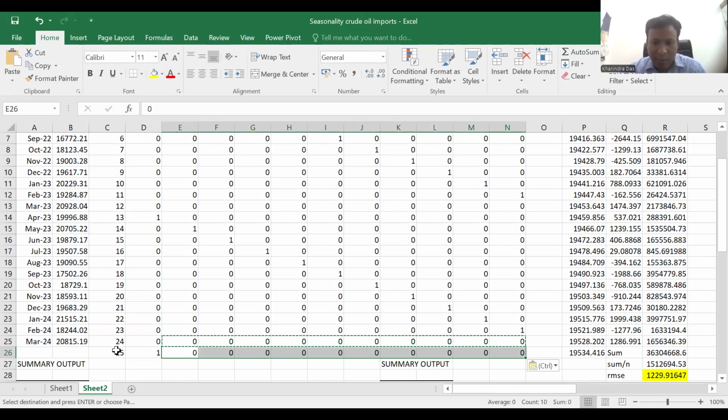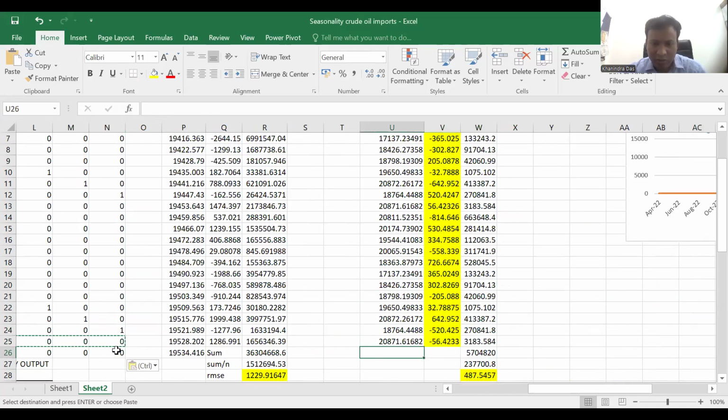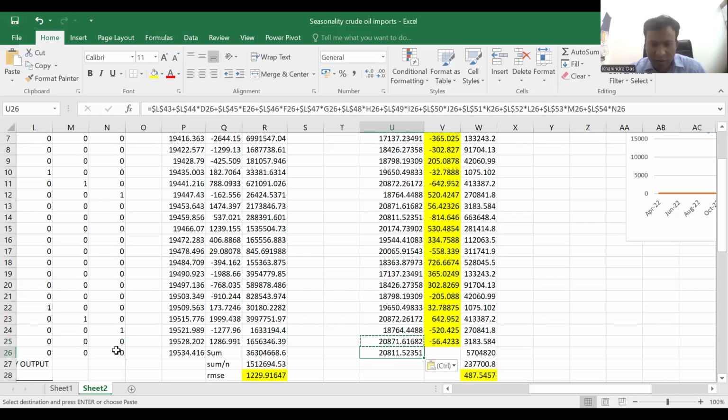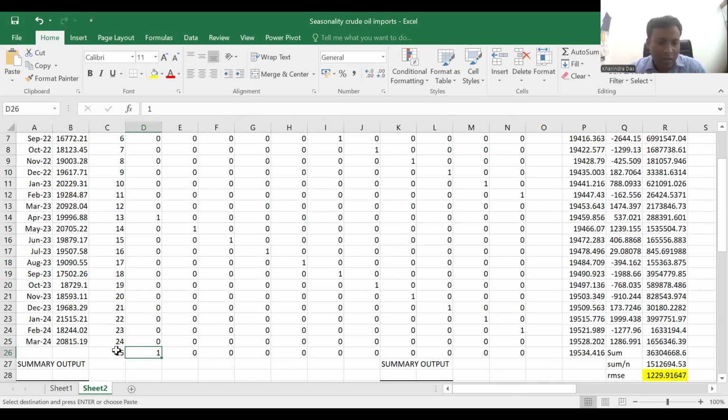And with the seasonal adjustment method, you have a forecast value of 20811.52, and that is because there is no trend in this model, and the dummy for the last month, that is March, is not included in the estimation equation.